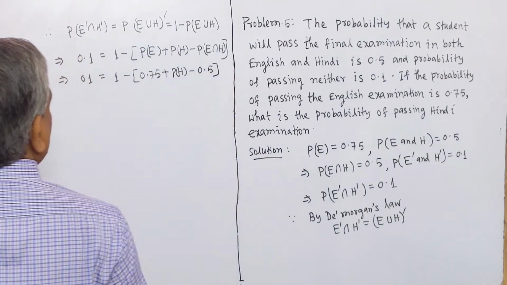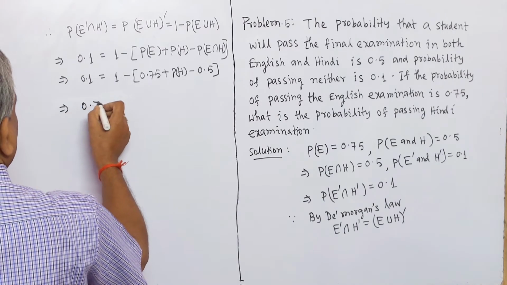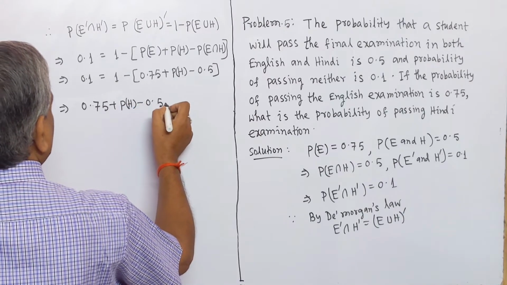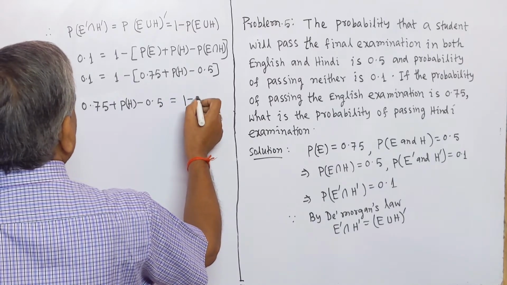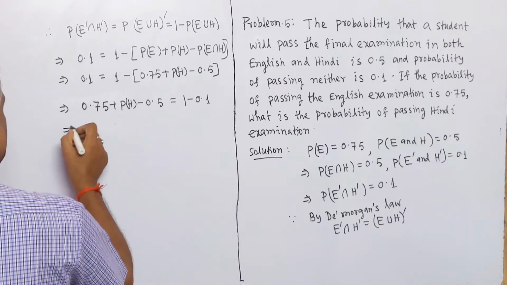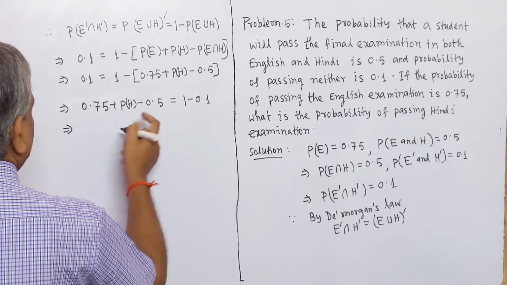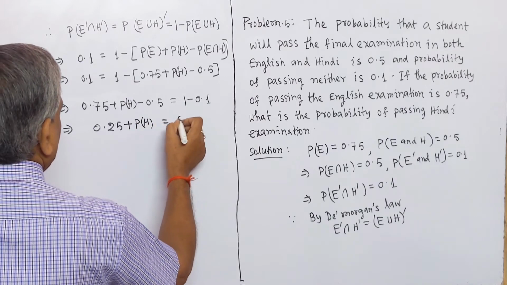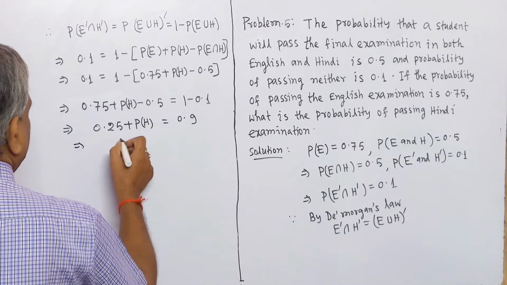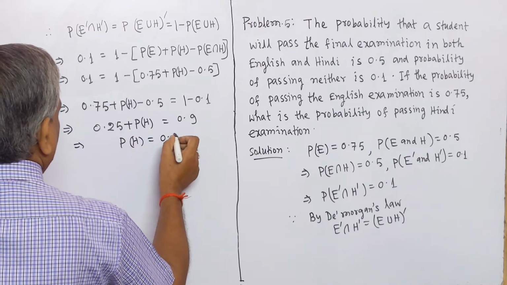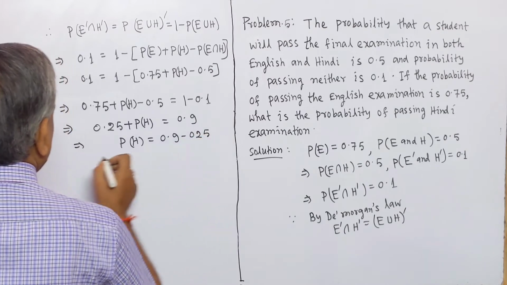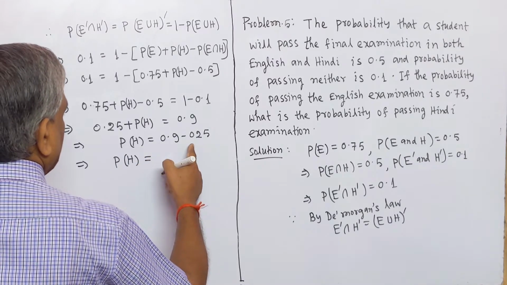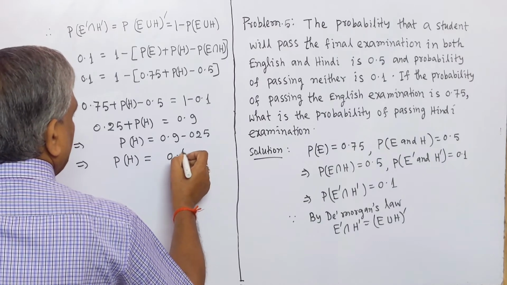This implies 0.75 plus P(H) minus 0.5 equals 1 minus 0.1, so 0.75 minus 0.5 is 0.25, plus P(H) equals 0.9. This implies P(H) equals 0.9 minus 0.25, which is 0.65.